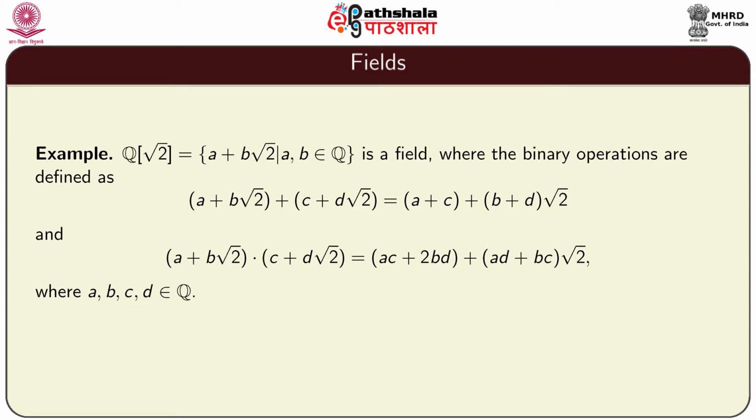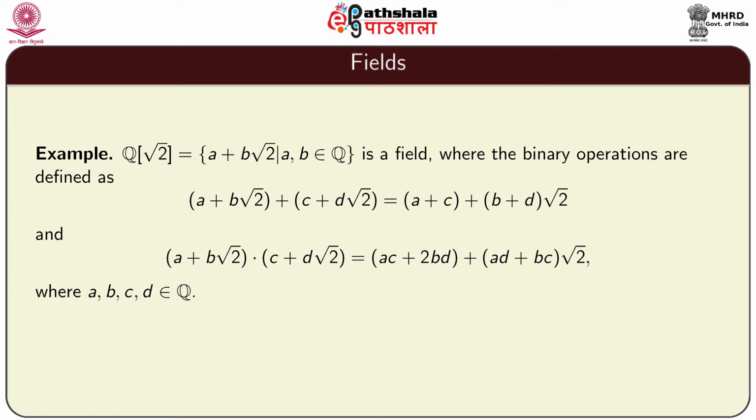One more example. This is what we call Q adjoin root 2, that is the collection of all those real numbers which are of the form a plus b root 2, where a and b vary over the set of rational numbers.